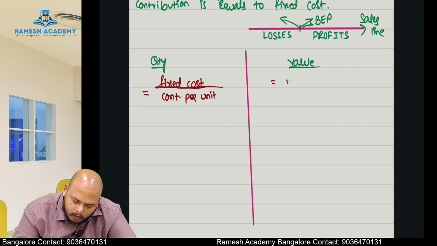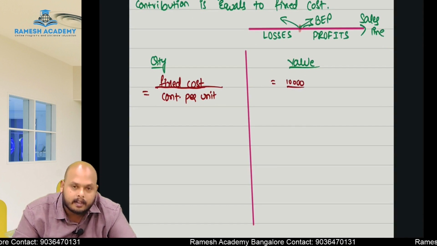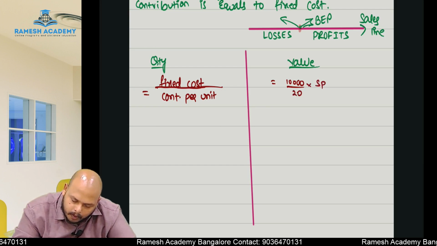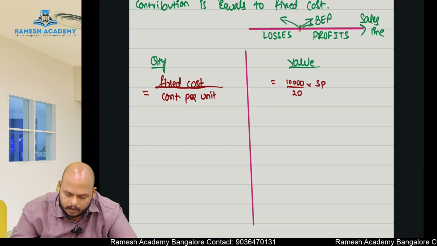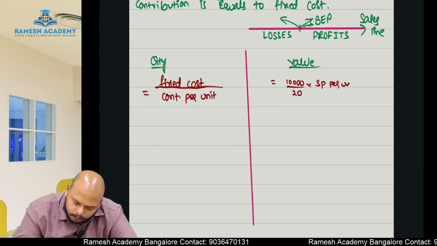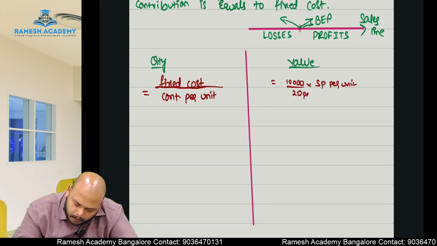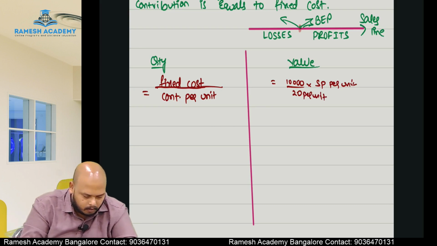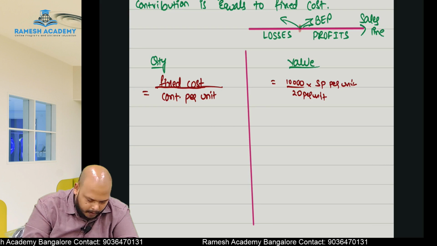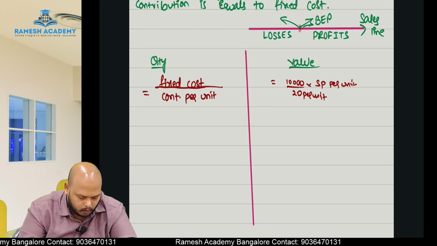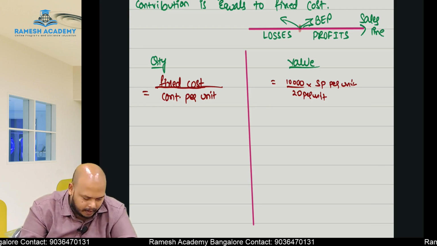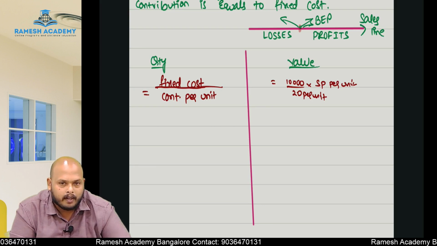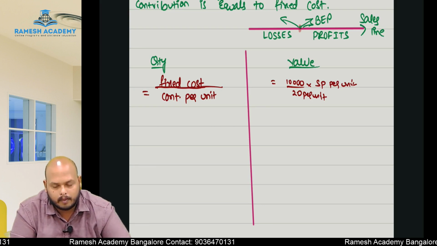Break-even point value is equal to fixed cost, 10,000, divided by contribution per unit, 20, into selling price per unit, 100. That is called break-even point value. How much are we getting? 50,000.